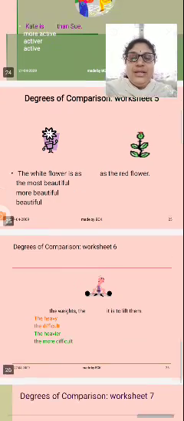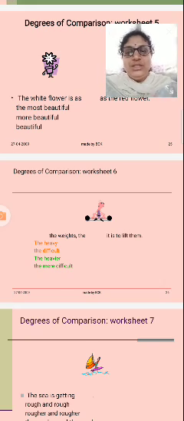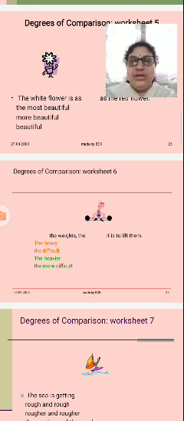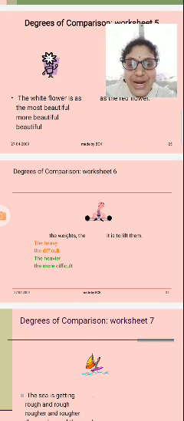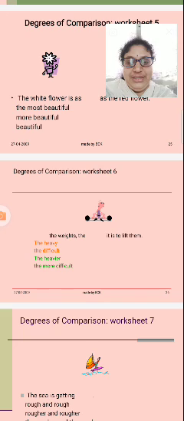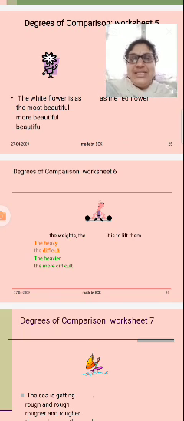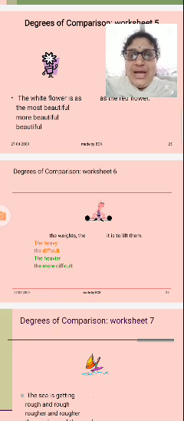And the next one, worksheet sixth one: the dash the weights, the dash it is to lift them. The heavy the weights, the difficult, the heavier, or the most difficult. What is the answer?